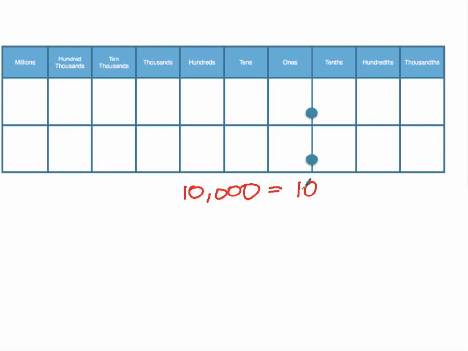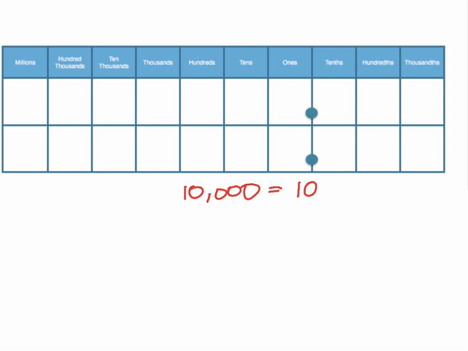4. So, what number is going to go behind my 10? 4. But are you going to write it like that? Does 10,000 equal 104? How will you write it? You have to write the 4 small, since if you do it too big, like the size of the 10, it will look like 104.